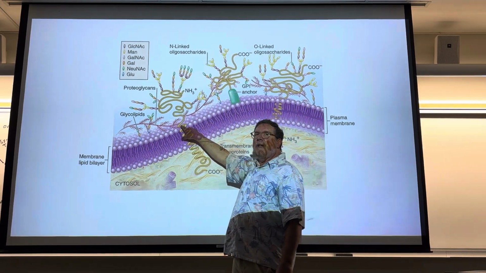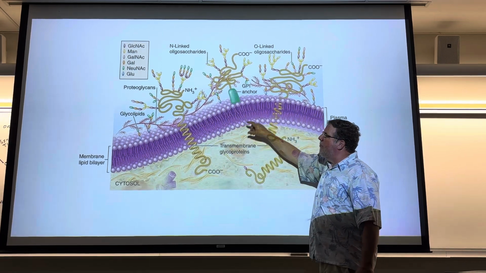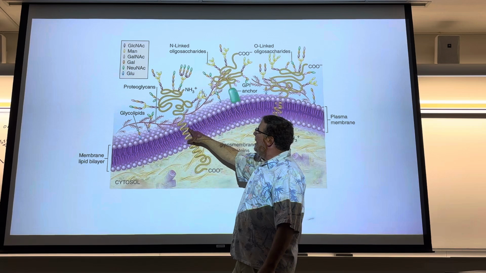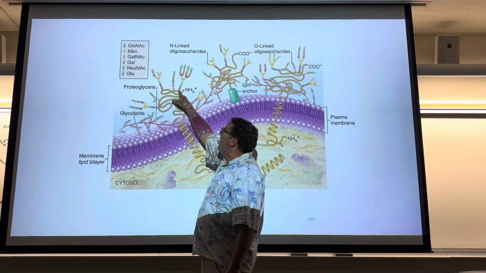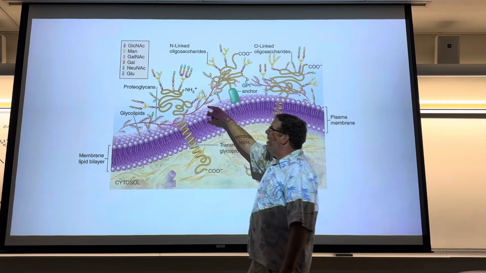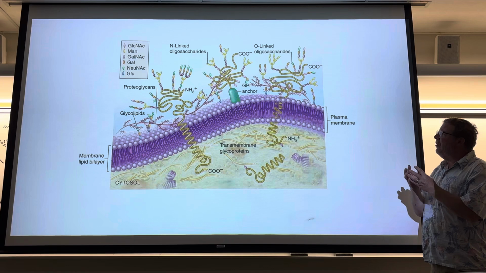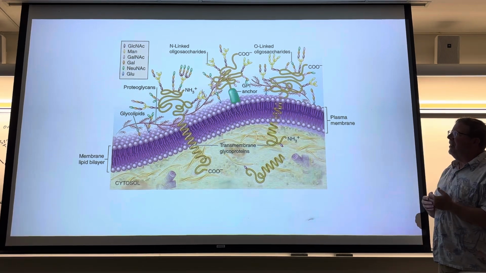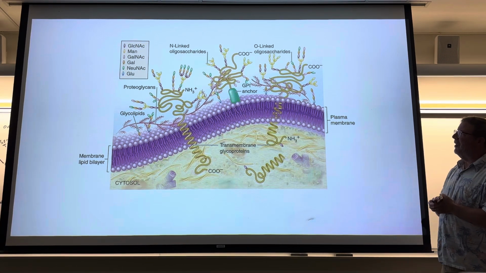Later, as we talk about membrane structure, we'll talk about different ways proteins are associated with membranes, but this is an example of an integral membrane protein with a part of it on the outside, which has a bunch of sugars attached. Those sugars are unique to each cell type, so the pattern of sugars ends up becoming a barcode for that particular cell.